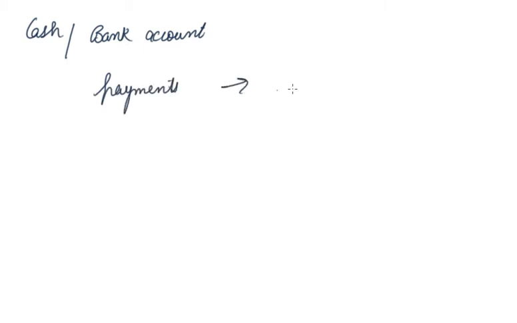Then comes cash or bank account. See, all the payments that you make are recorded on the credit side. All the receipts in which cash has been received are recorded on the debit side of the cash and bank account.